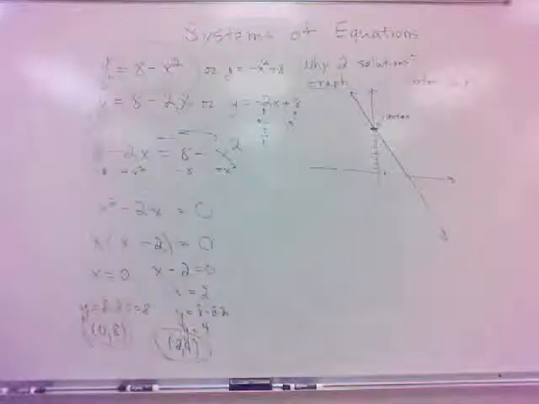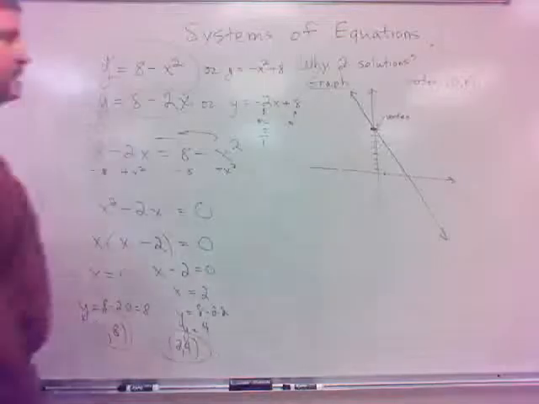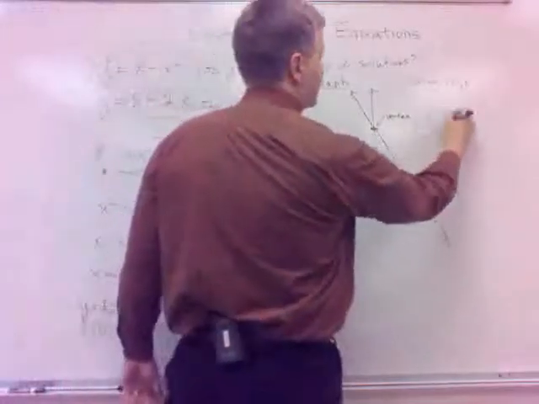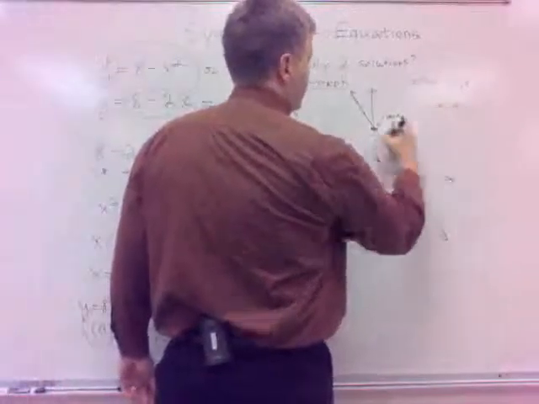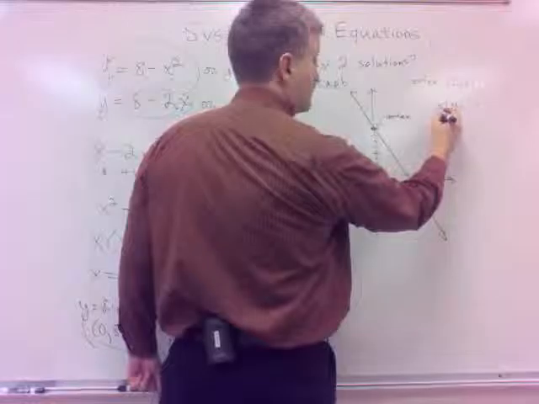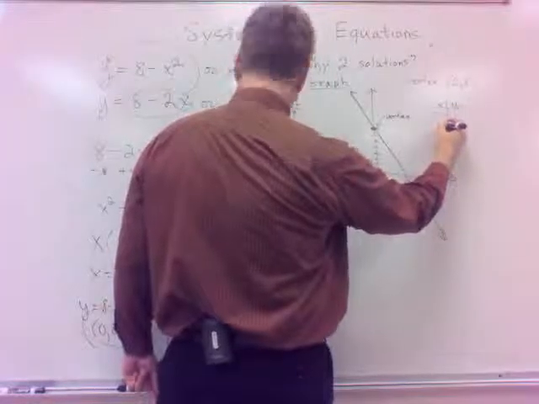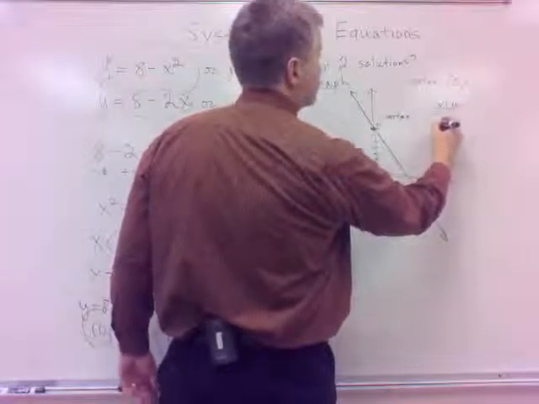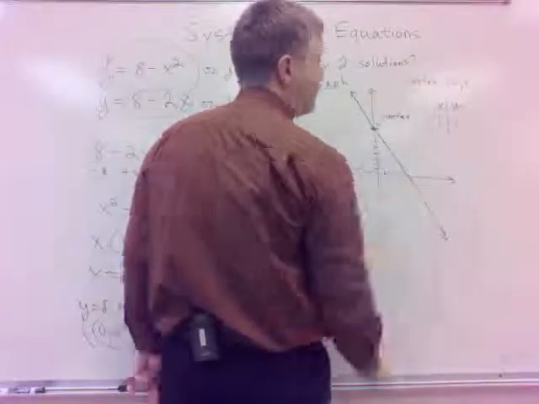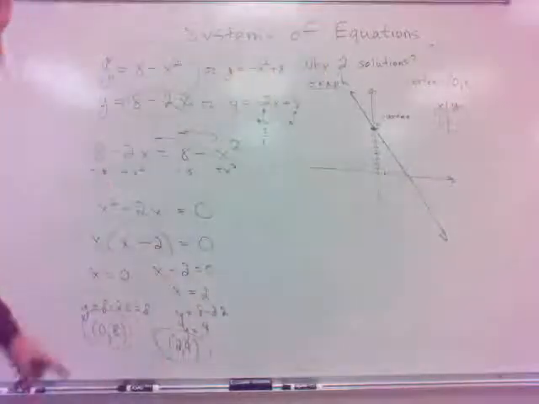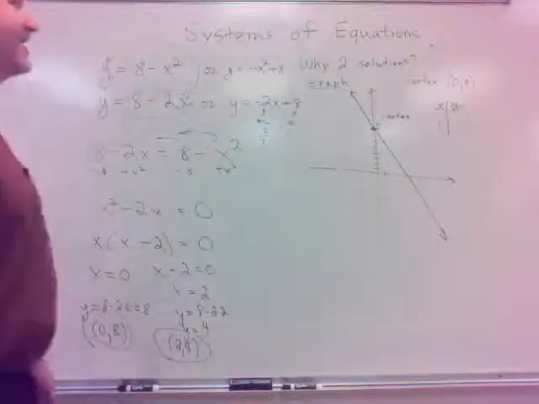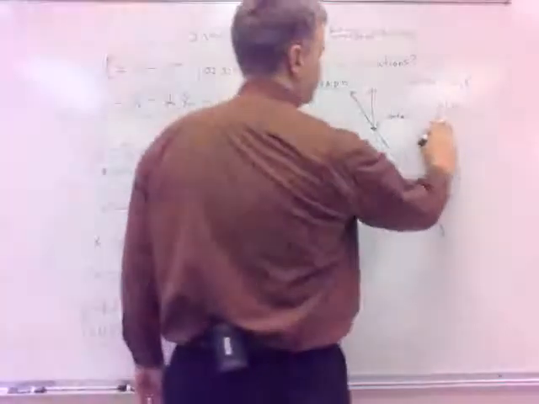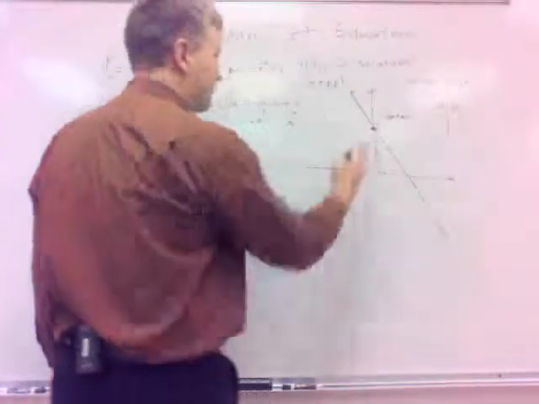If you want, just get a couple other points there. Could use the points that we've got. Sure. Let me do a couple others, because I want to make a point about that. Negative 1 and positive 1, just get a couple other points since we know it's a parabola and all that.